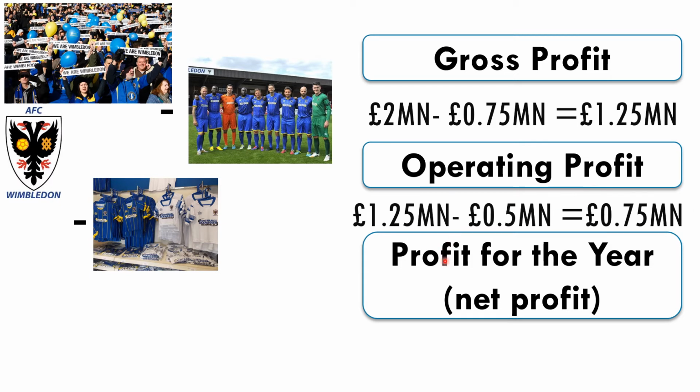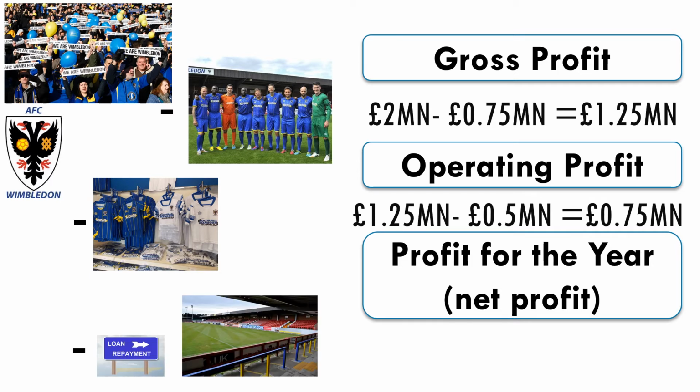To get to profit for the year, or net profit, we have to take off any final exceptional items. So if we imagine, for example, that this club have taken out a loan to buy their ground and they have to pay that back with interest, those interest payments would be coming out now at this stage to get us towards our profit for the year.